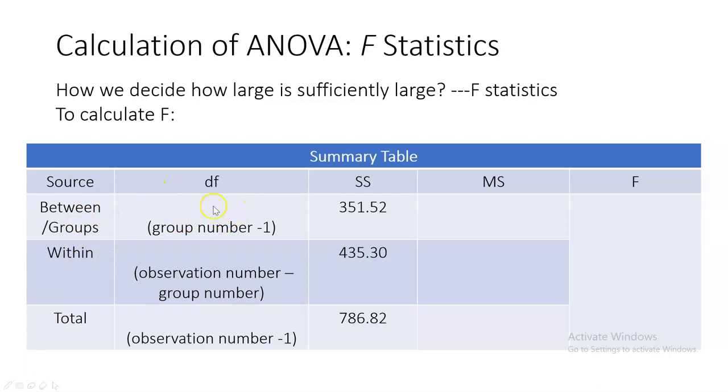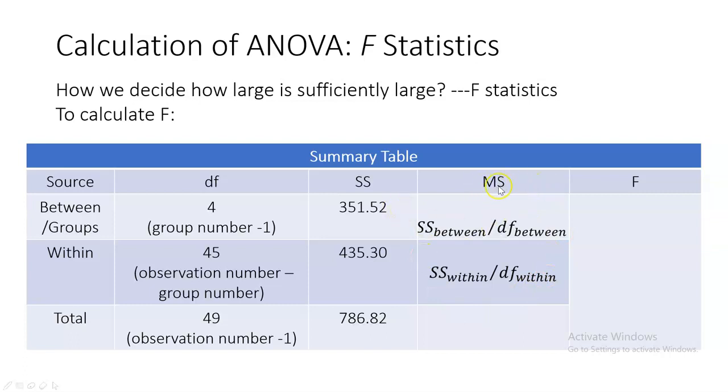Okay, so here we have 5 minus 1 for between, which is 4, and for within it is 45, 50 minus 5. And the last one is 50 minus 1, which gives us 49. So we have filled out this column, and next we want to calculate this column.